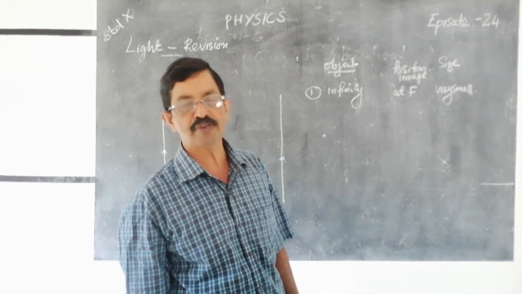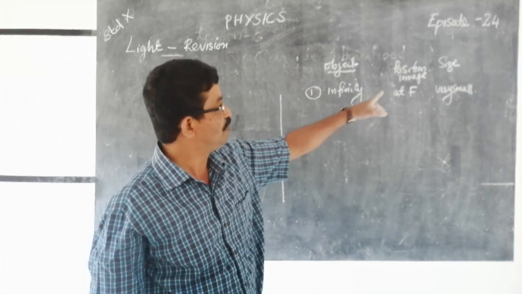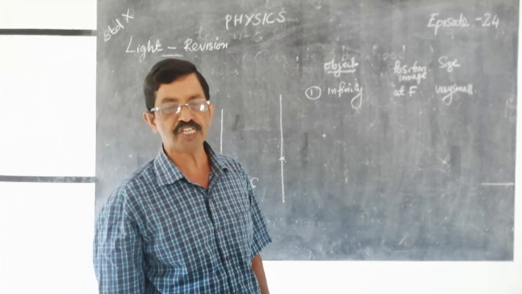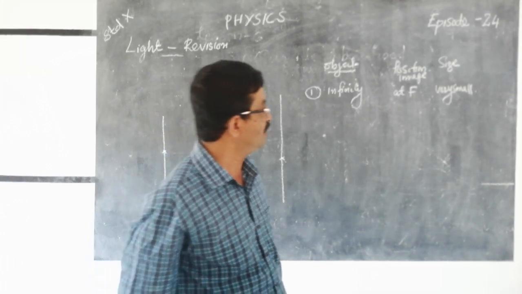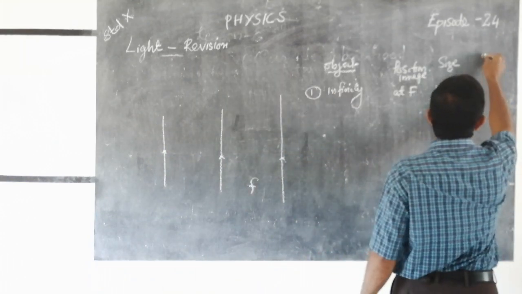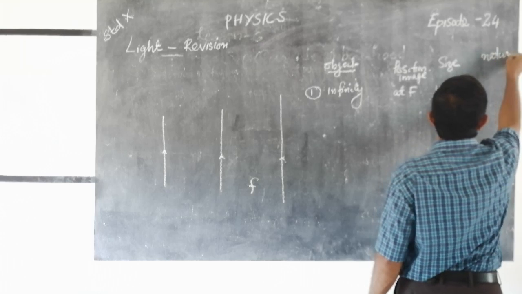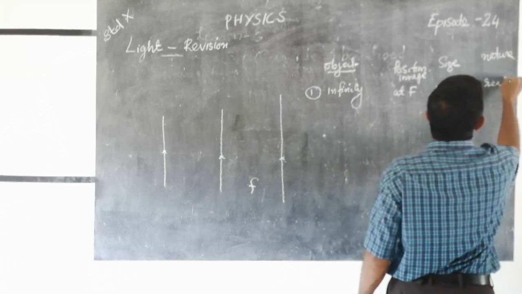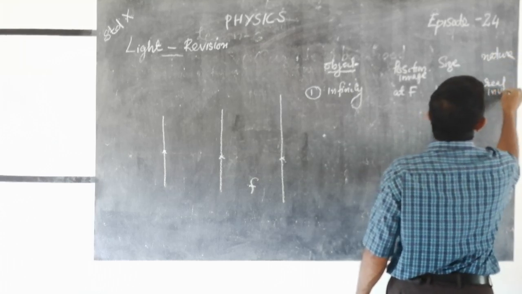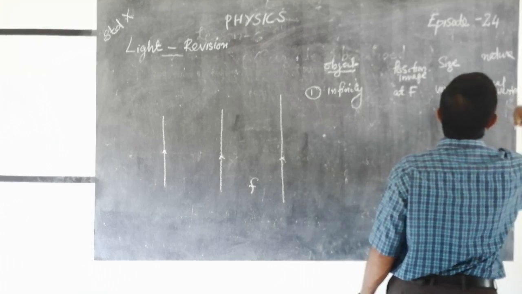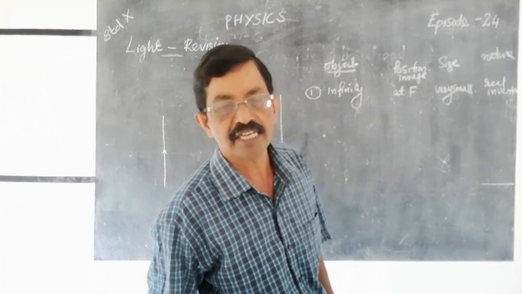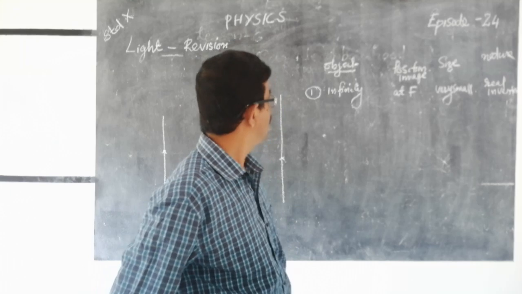What type of image did we get on the screen? Very small or diminished. And the nature is real and also inverted. We get a real and inverted image.